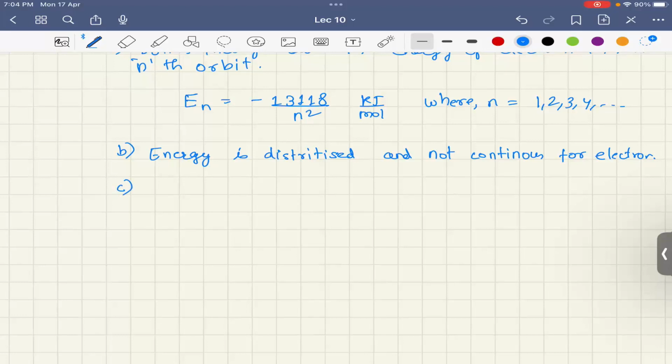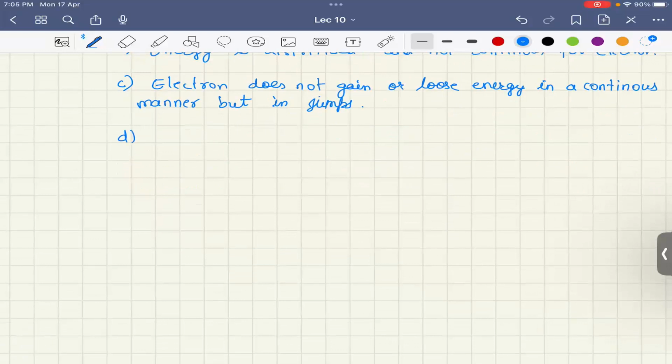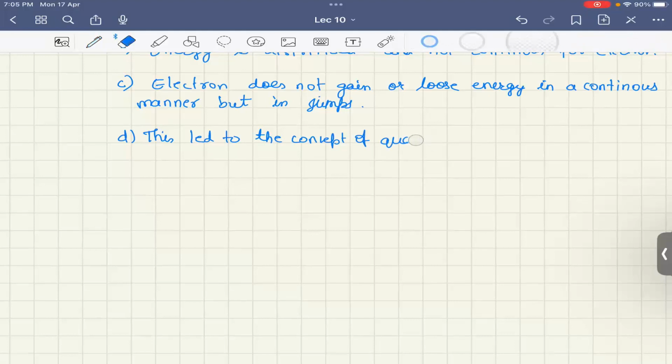In other words, electron does not gain or lose energy in a continuous manner but in jumps. This led to the concept of quantization of energy. So let me write this.